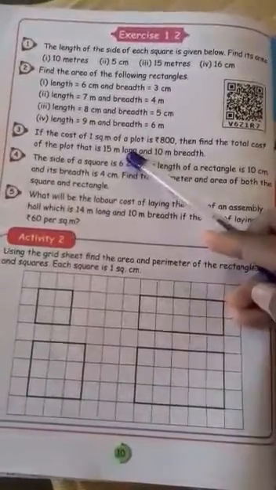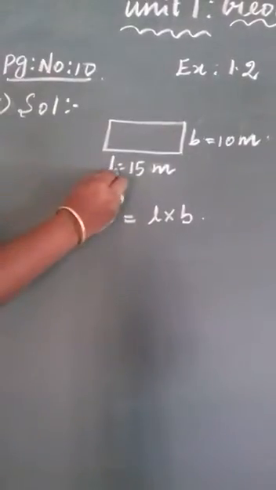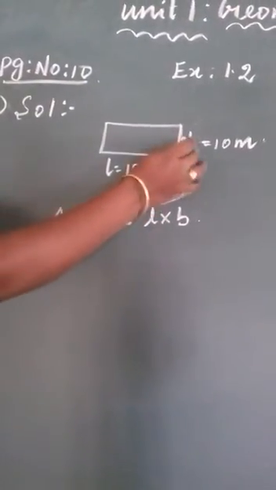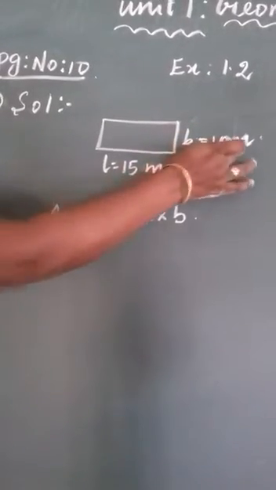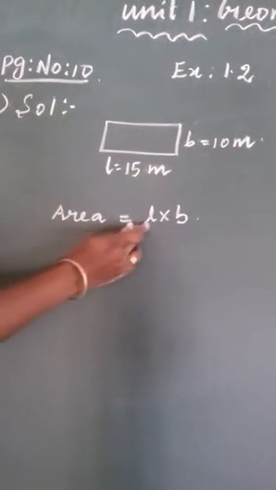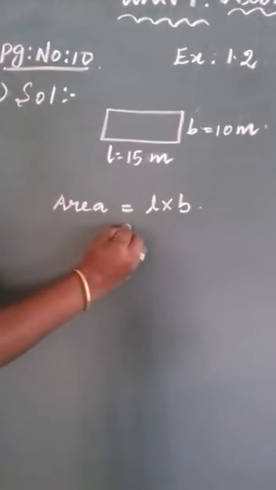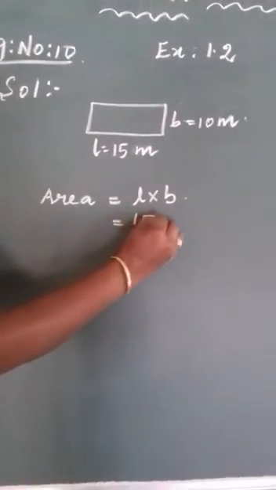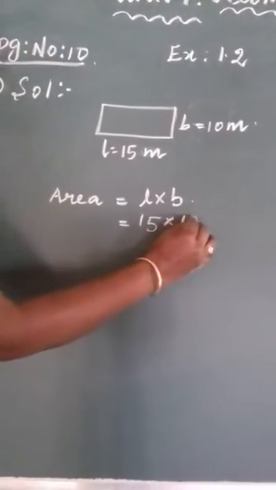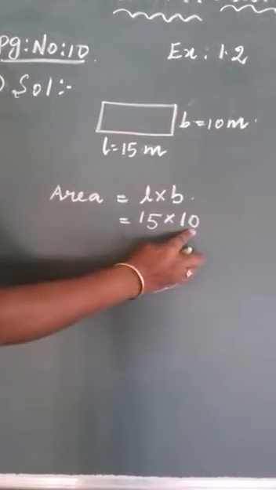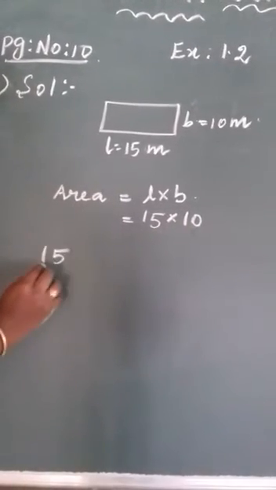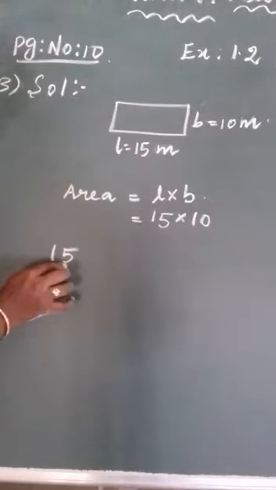Long means L equals 15 meter, breadth B equals 10 meter. Area of a rectangle equals L into B. L is 15 meter, B is 10 meter. 15 into 10.